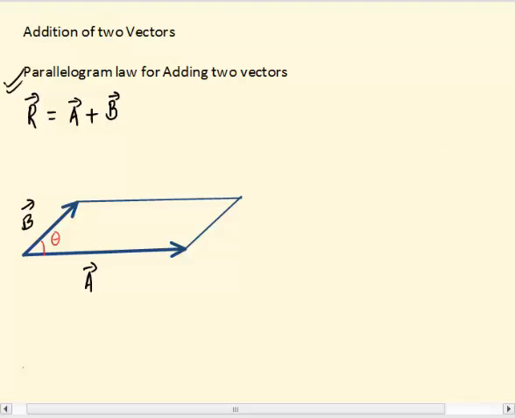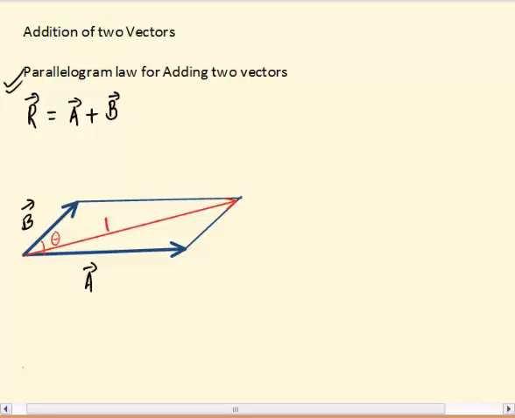Then this law suggests that this vector, one of the diagonals of the parallelogram, this diagonal represents the sum of A and B. So you can label this vector R vector, which is nothing but the diagonal of the parallelogram formed by joining tails of A and B as adjacent sides.